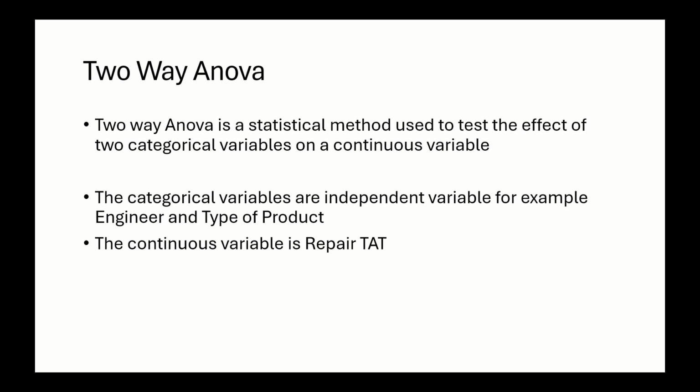It will be seen whether these four product types individually are taking more time by the engineers, and then there would be an interaction study of engineer and type of product with repair turnaround time to see whether there is an impact of both of them together on repair turnaround time or not. Let's go to Minitab and see how it is done.